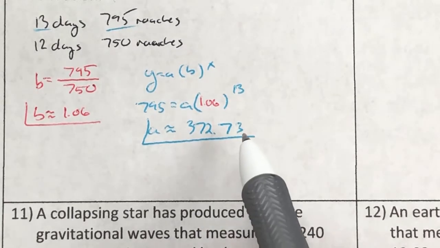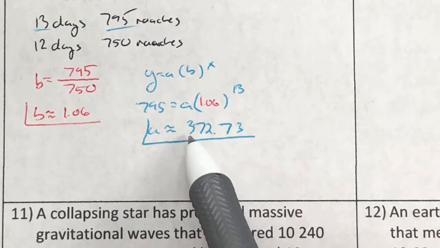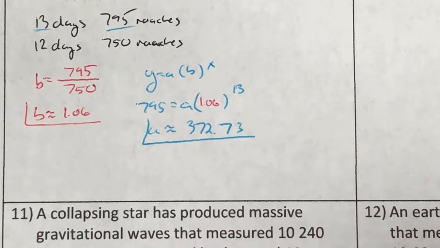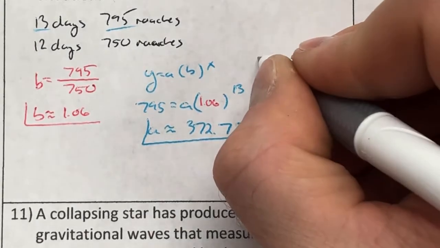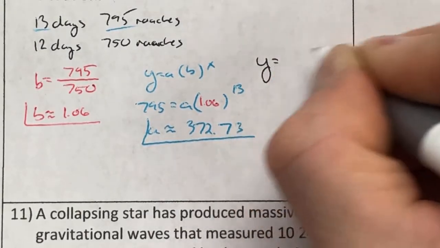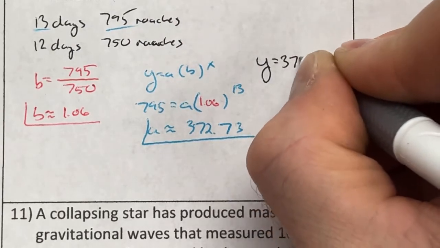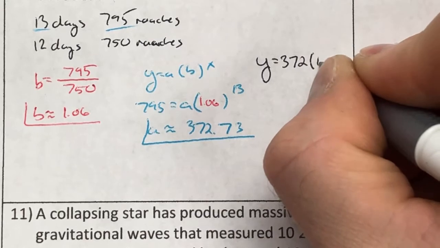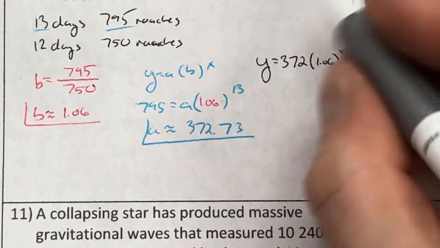Do we want to say that on the 0th day we had 372 cockroaches or 373 cockroaches? There's not really a wrong answer to this, but I'm going to say my expression is equal to 372 times 1.06 raised to the xth power.